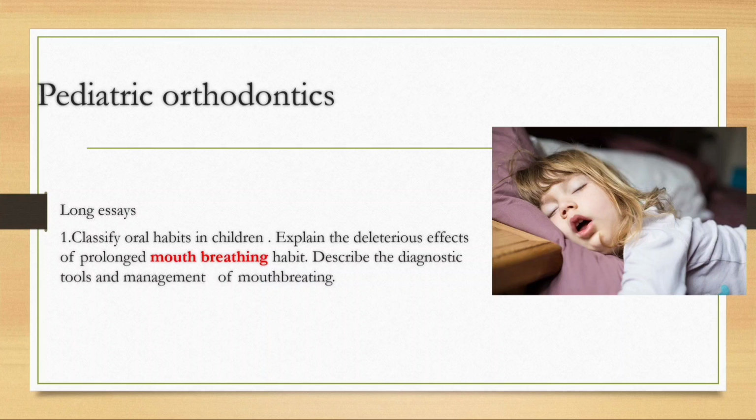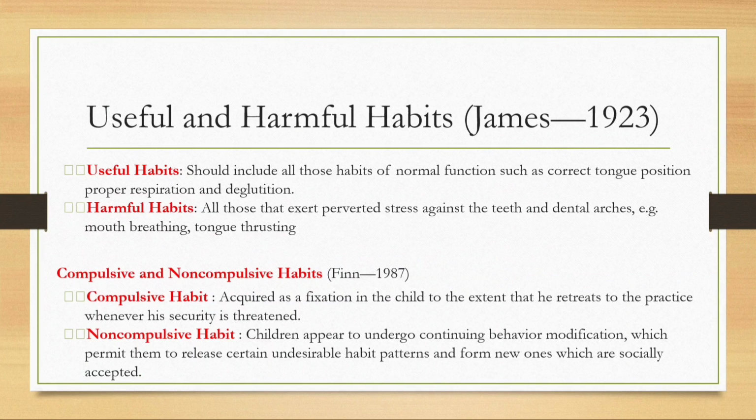This question doesn't include the definition of habits. It starts with classification, but the definition, as you all know: Mouchet defined habit as a tendency toward an act that has become a repeated performance, relatively fixed, consistent, easy to perform, and almost automatic. So that is the definition of habit. For classification, we have many.